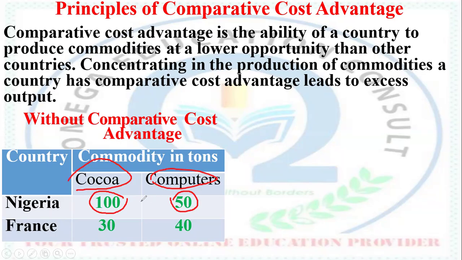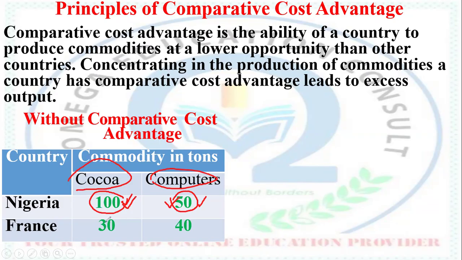So the opportunity cost of producing cocoa will be 50 tons of computers forgone, and the opportunity cost of producing 50 tons of computers will be 100 tons of cocoa forgone.